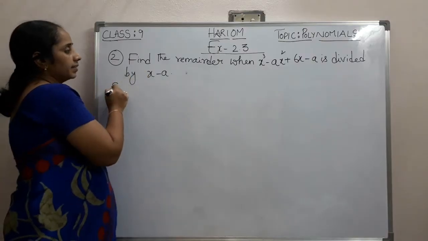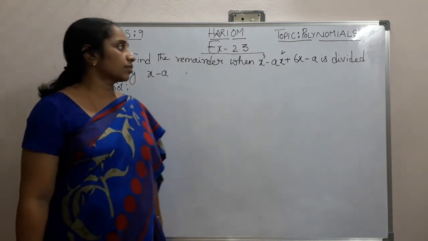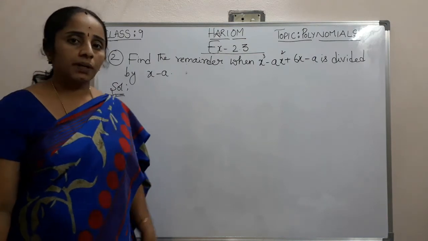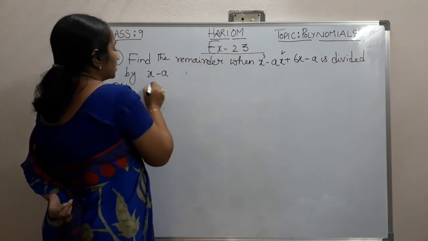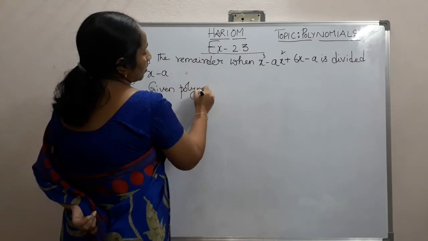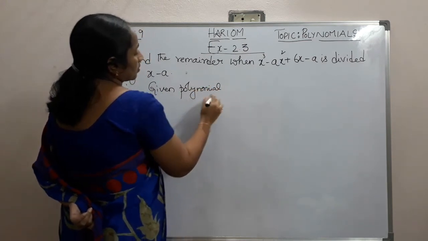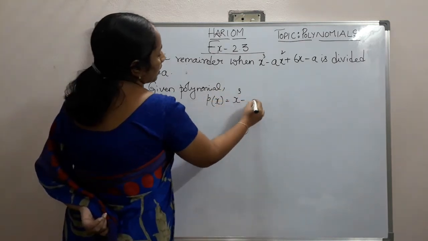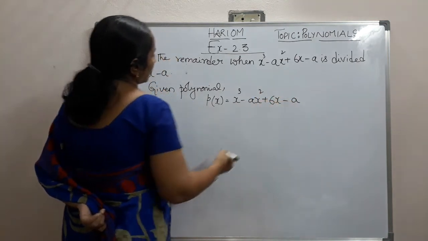Okay, here in this problem, find the remainder when x cube minus ax square plus 6x minus a is divided by x minus a. Here the given polynomial is p of x is equal to x cube minus ax square plus 6x minus a.